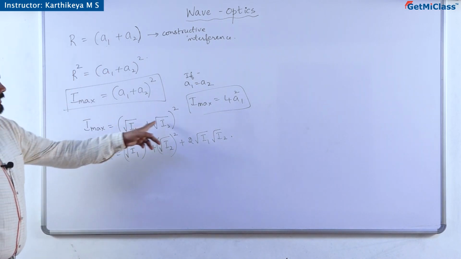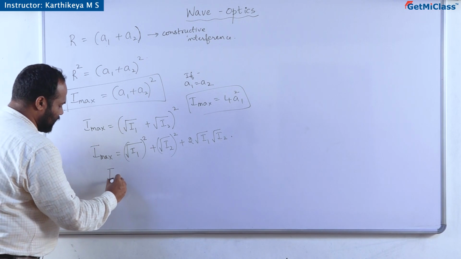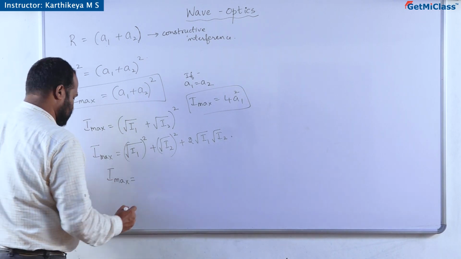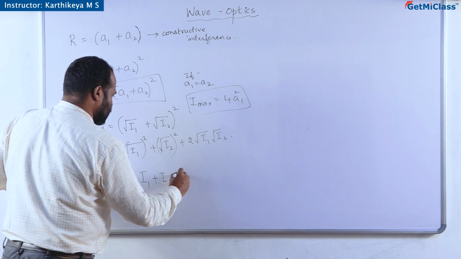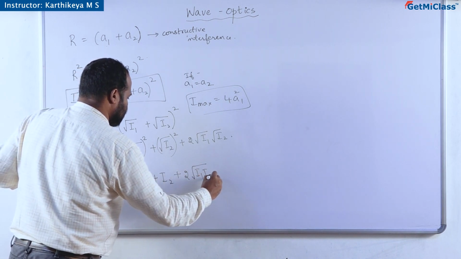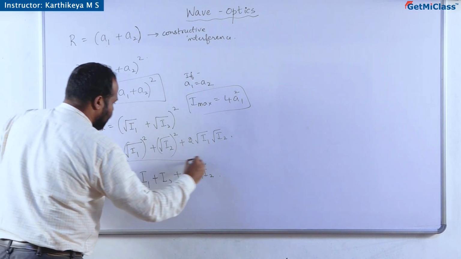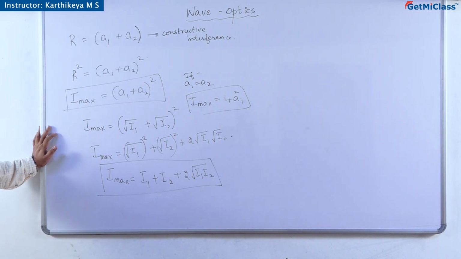This is the (a plus b) whole square formula. So I max can also be written as I1 plus I2 plus 2 root I1 I2. This is another formula which we can think of during constructive interference.